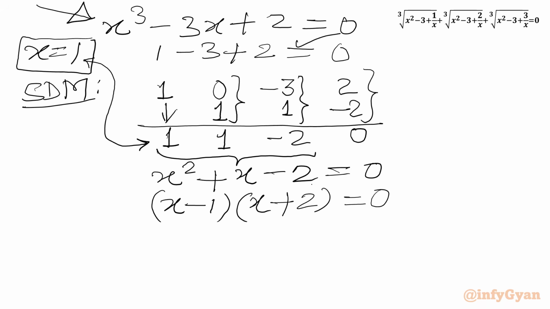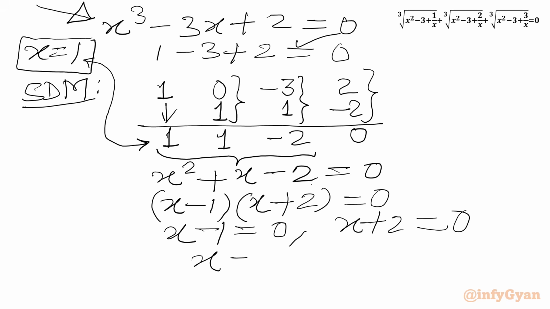So using product 0 rule, we will be getting either x minus 1 equal to 0 or x plus 2 equal to 0. So from first equation we are going to get x equal to 1, and from second equation we are going to get x equal to minus 2.